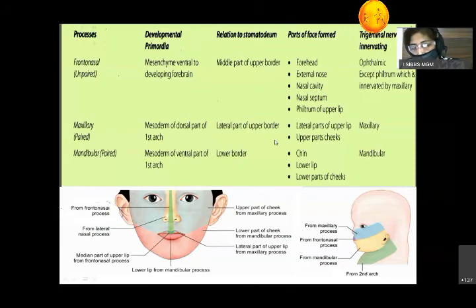And easy to remember, mandibular process derivatives are supplied by mandibular nerve, maxillary process derivatives by maxillary nerve, and frontonasal process derivatives are supplied by ophthalmic nerve. All these ophthalmic, maxillary, mandibular are the 3 divisions of the trigeminal nerve. So total face sensations are carried by trigeminal nerve.